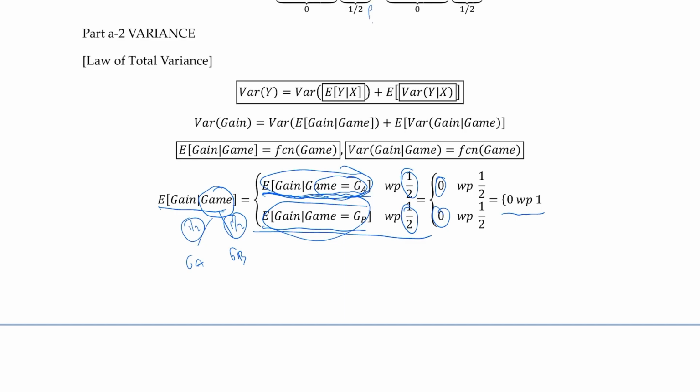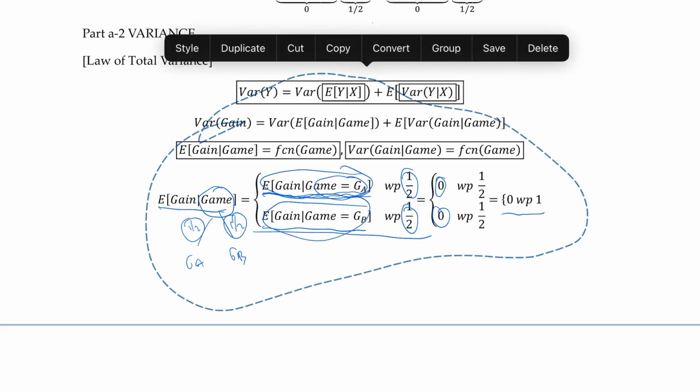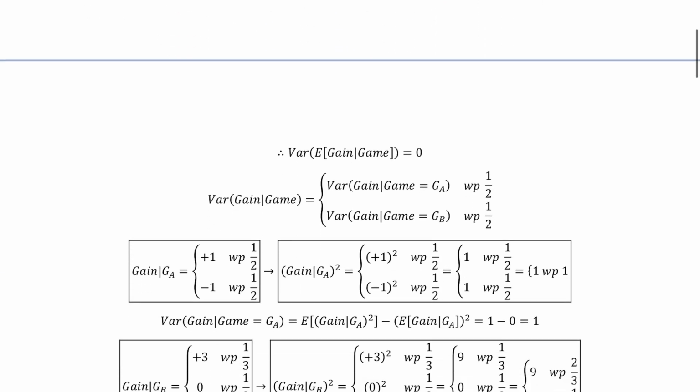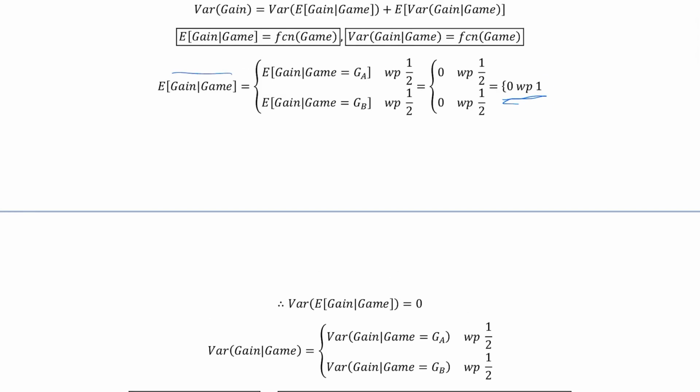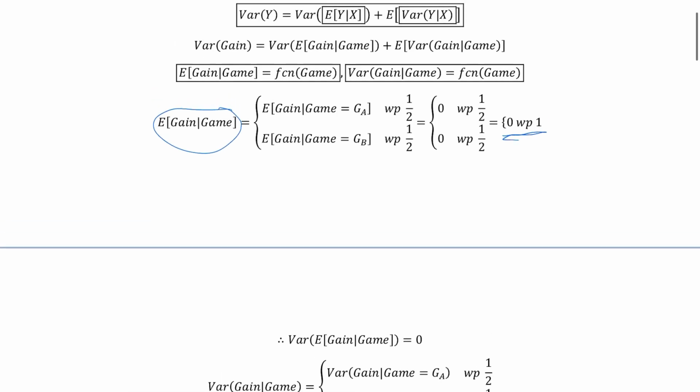All right, so let's move on. This is a deterministic number, right? What does it mean? Here we want to compute the variance of this expression.